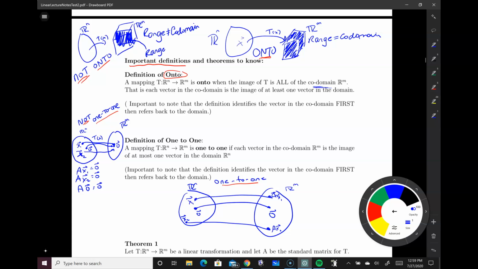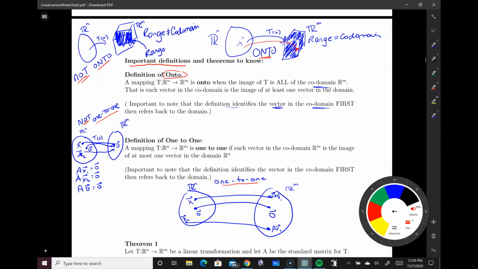It's important to note that this definition says first, take a vector in the codomain. So pick a vector in here, and then you determine whether there's an x, something from the domain, that goes to it. Then it refers back to the domain.